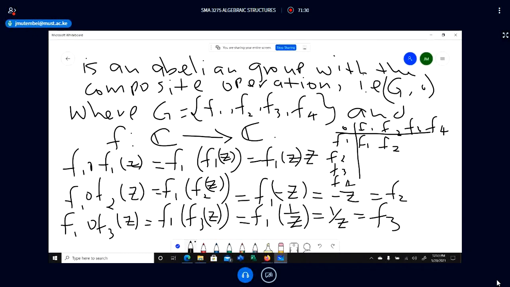So F1, F3 gives you F3. F1, F4, you can check in the same way, work them out the same way to complete that table. So we are completing the Cayley table for this mapping. Then we check against the group properties if all the group axioms have been satisfied to qualify it as an abelian group.